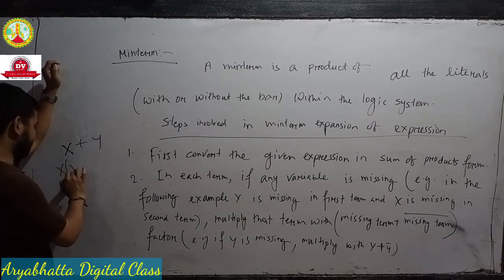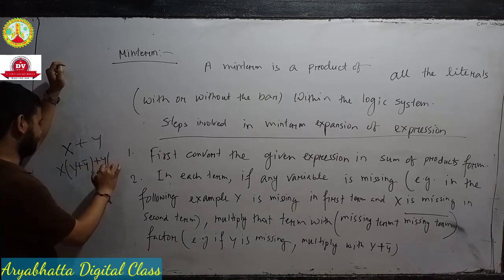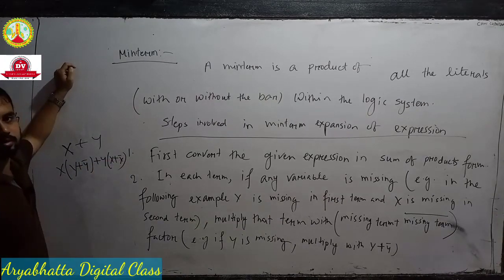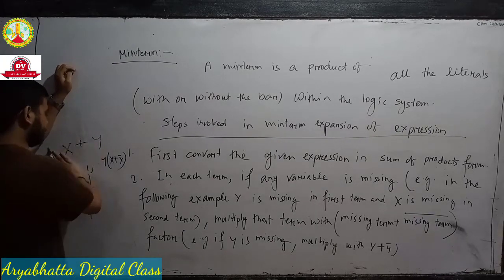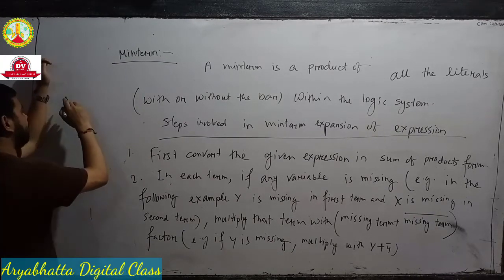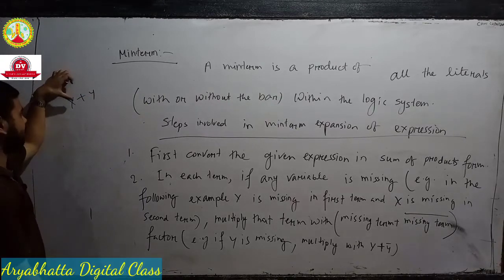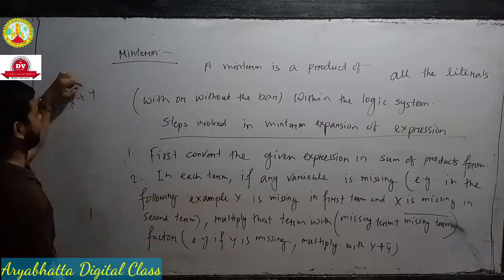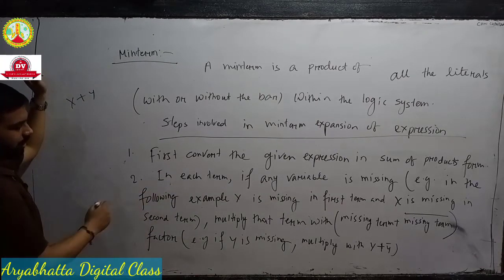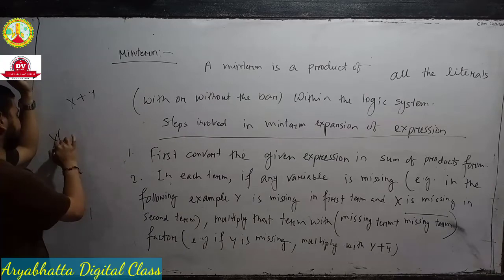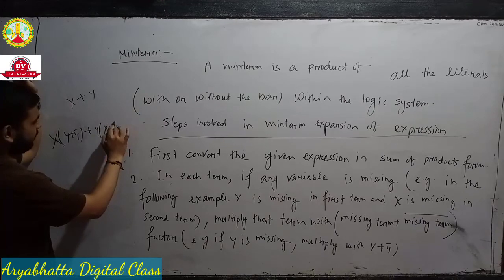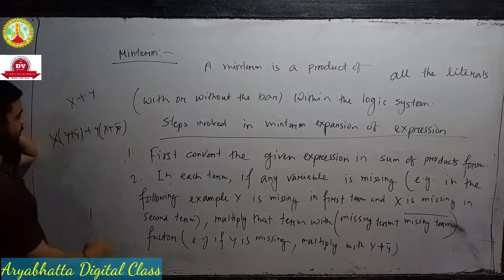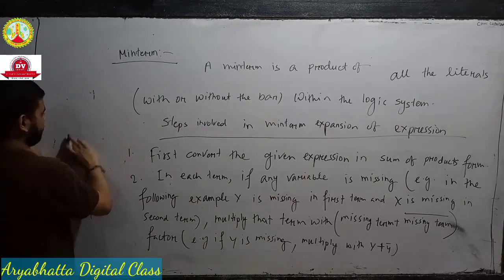Then we multiply each term with the missing term plus the missing term's complement: x is multiplied with y plus y complement, and y is multiplied with x plus x complement, and then we can solve. We will do some problems so you understand easily, don't worry. This is the basic two rules.